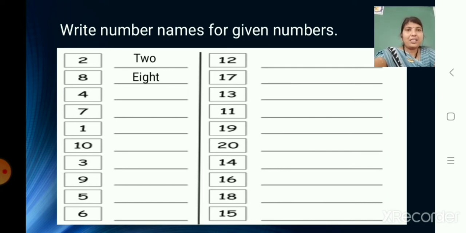Now see the next. Now here 2-digit numbers started. Numbers from 11 to 20. So read the first number. It is 12. So what is the number name for 12? T-W-E-L-V-E, 12. So you have to write down this number name in front of 12.